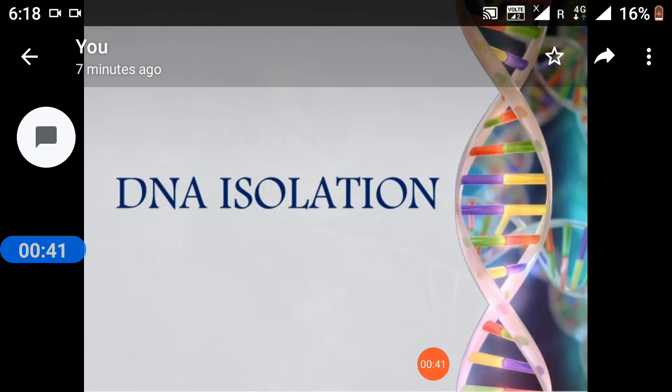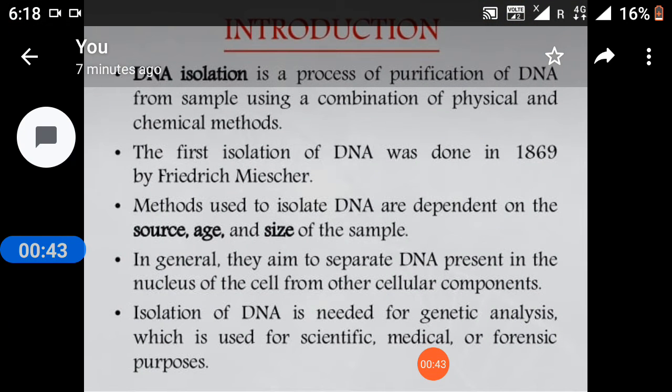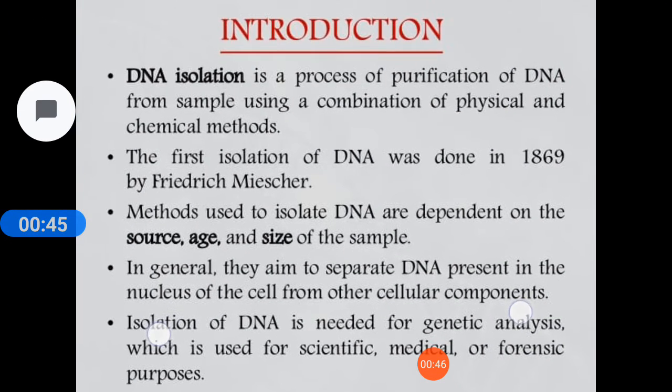DNA isolation. Introduction of DNA isolation. DNA isolation is a process of purification of DNA from a sample using a combination of physical and chemical methods.